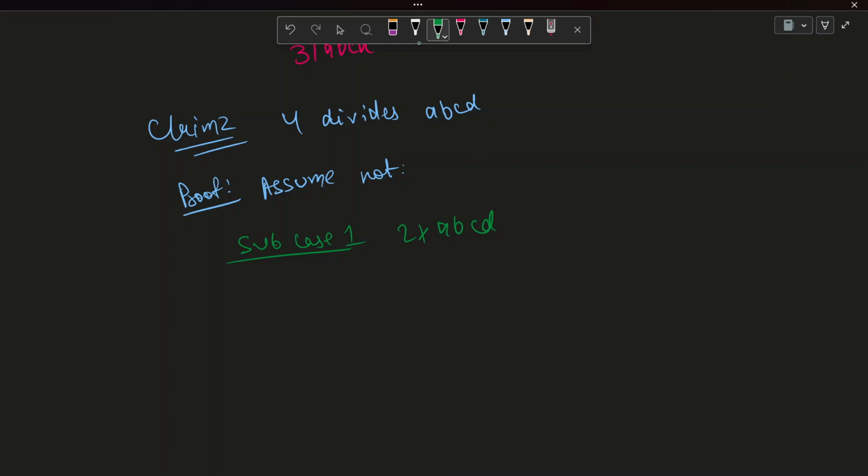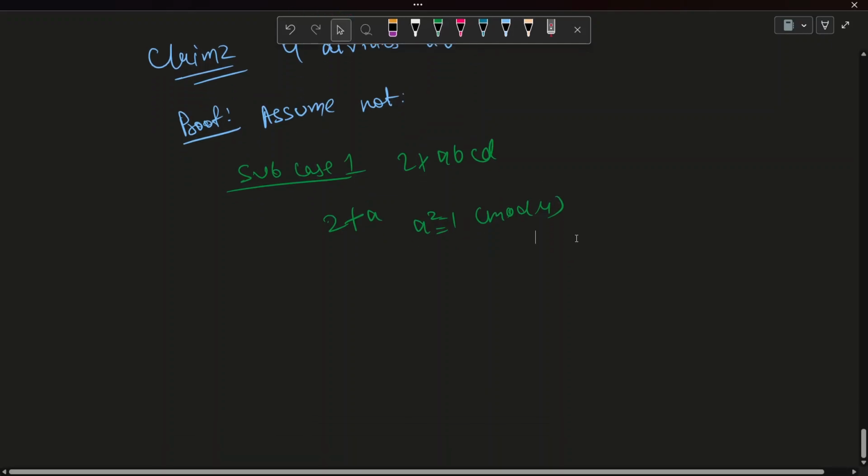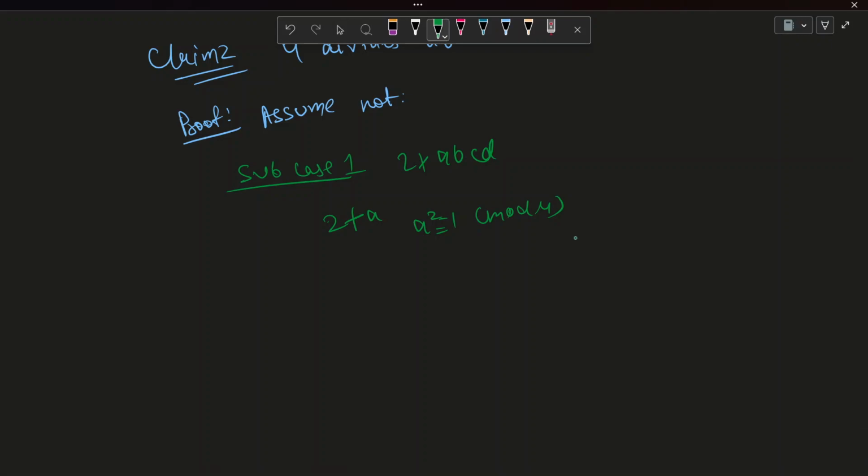In that case, a, b, c all are odd numbers, and note that if 2 does not divide a, we get that a square is congruent to 1 mod 4. This can be shown in exactly the same manner as in the previous claim. It is not very hard to show. If we sum all three terms, we get that a square plus b square plus c square is congruent to 3 mod 4.